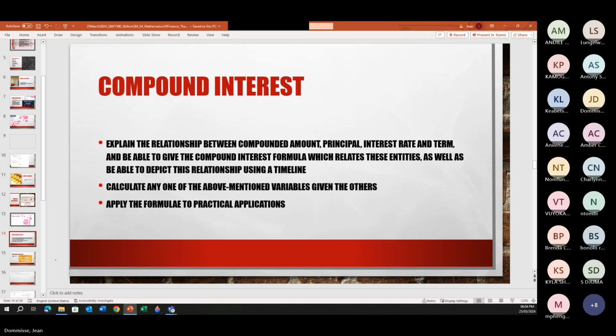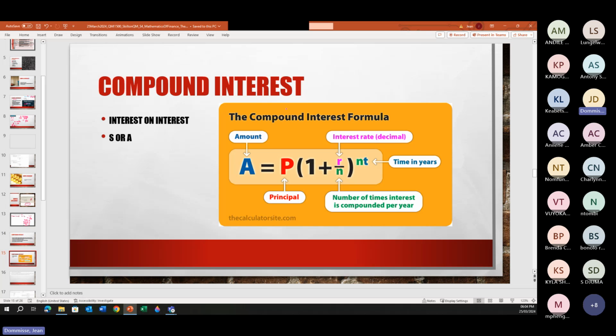So the big difference in the formula is that where you normally had R times N, now it is to the power of N, because the longer you have something in compound interest, the more value you get out of it, because of the compounding effect, as they call it. So it's basically interest on interest.